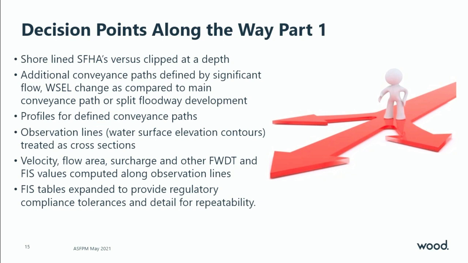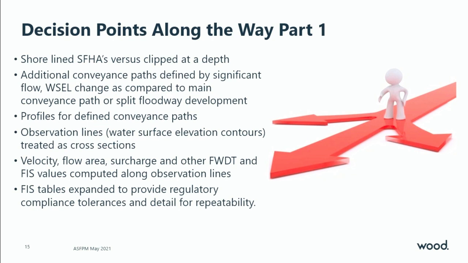Do we need profiles for all of the defined conveyance paths? I believe we do. But defining what conveyance paths actually require that, there's a lot of different debate out there. Creating observation lines, water surface elevation contours, I believe that we need to treat those as cross sections.